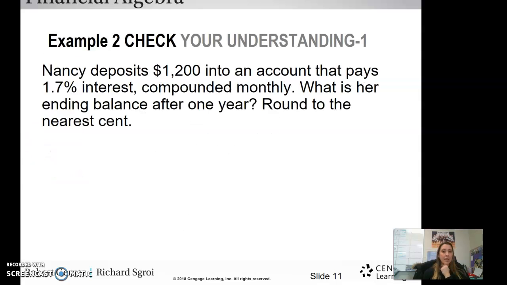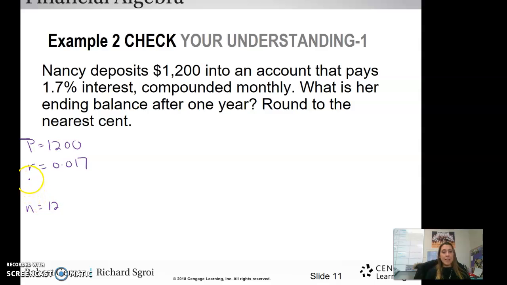Okay, so I think this one is put in your notes. If it's not, you can add it. Again, we have our principal, which is $1,200, into an account that pays a rate of 0.017. It's going to be compounded monthly, so my n is equal to 12.